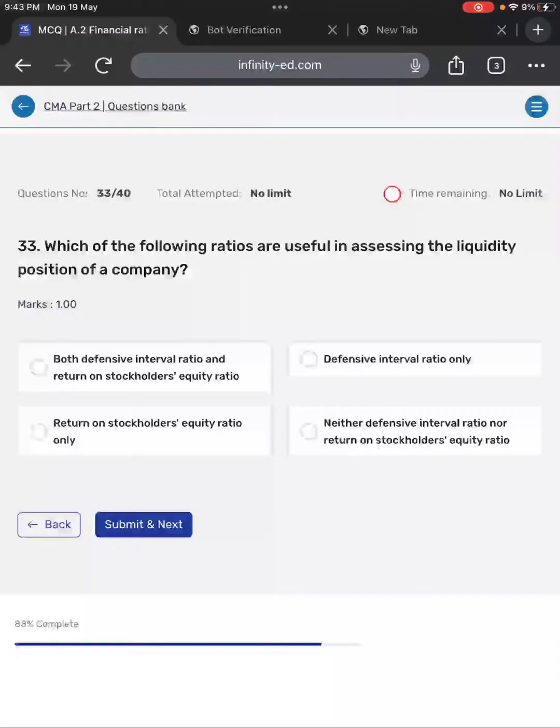Which of the following ratios are useful in assessing the liquidity position of a company?